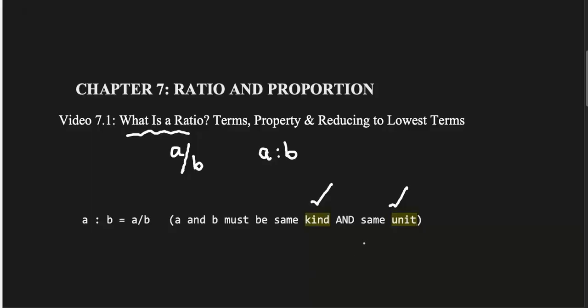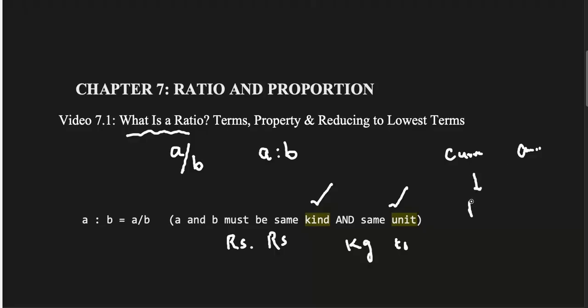You can compare rupees to rupees and kilograms to kilograms. You cannot compare kilograms to pounds or some other unit. That's why it should be of the same kind. If you have a currency, the other should also be a currency.